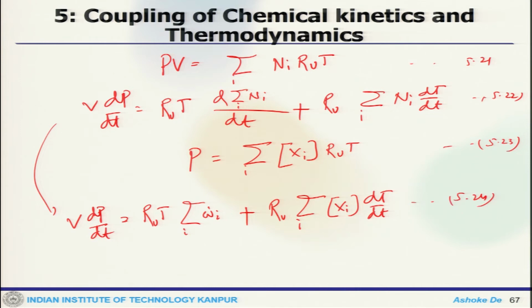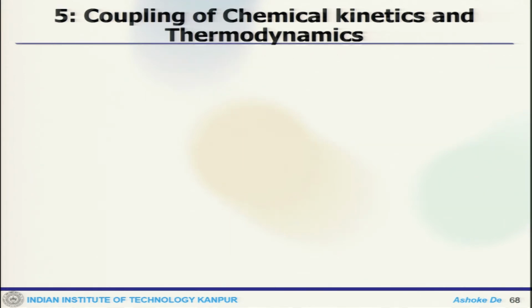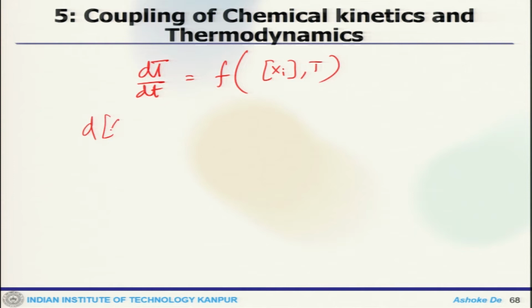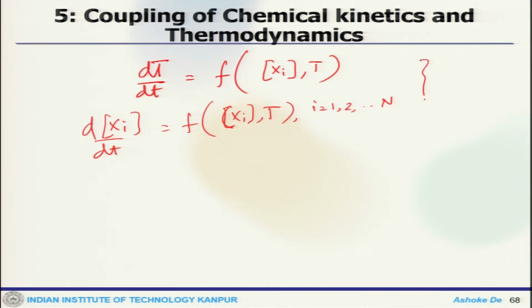Now, this equation 5.20 can be integrated simultaneously with Wt to determine T and AT. So, what we get dT by dt is a function of this and this, and we get a function of this and T for I equals 1 to n.